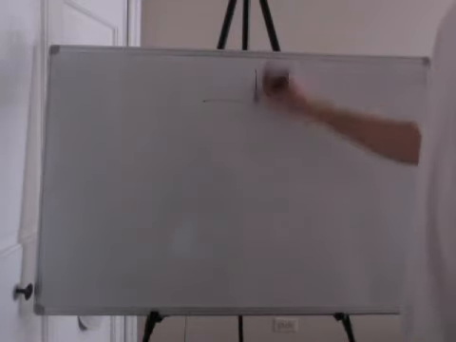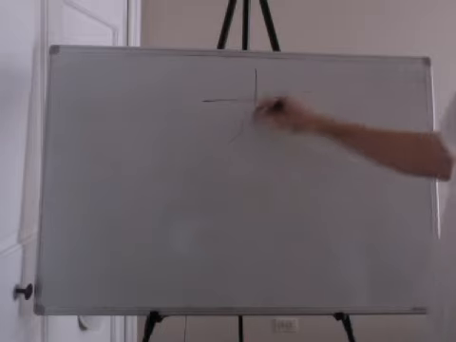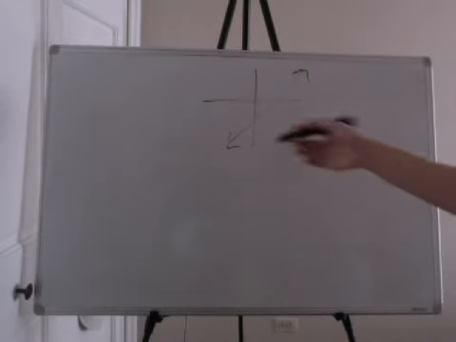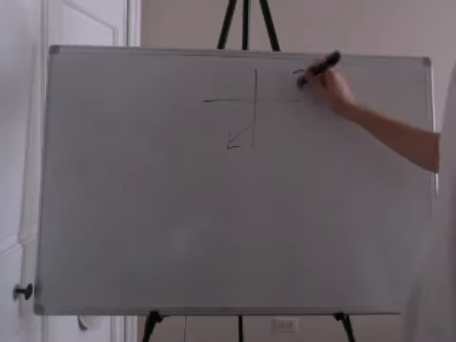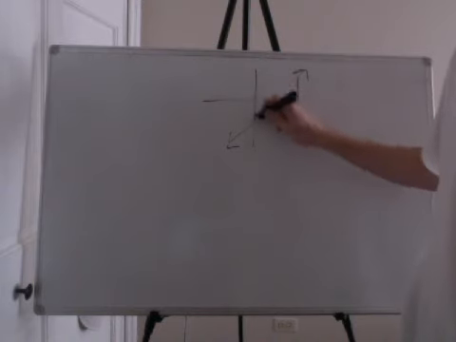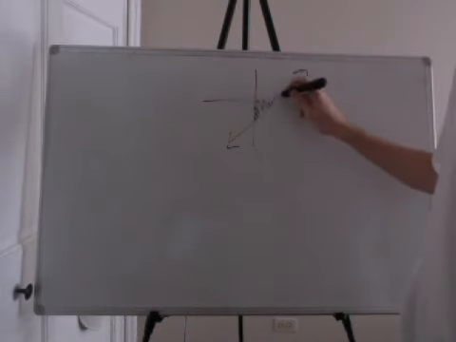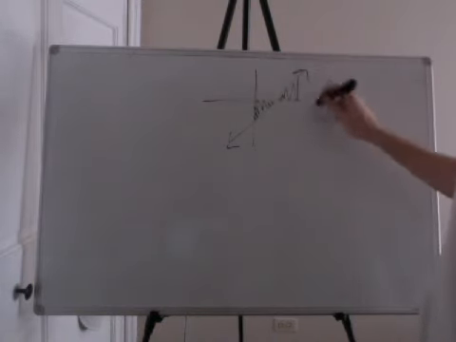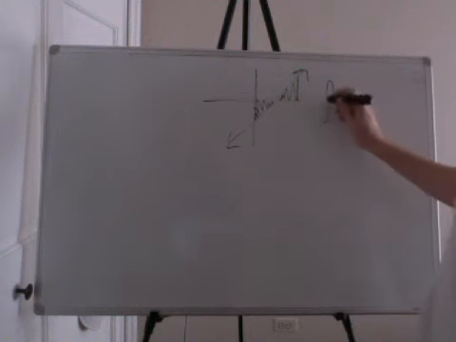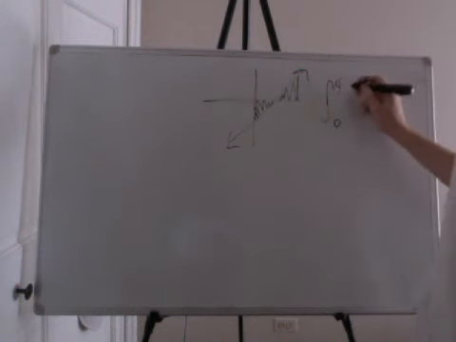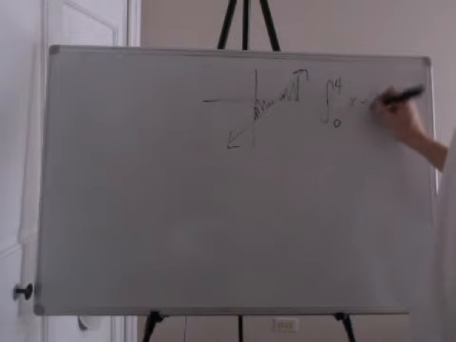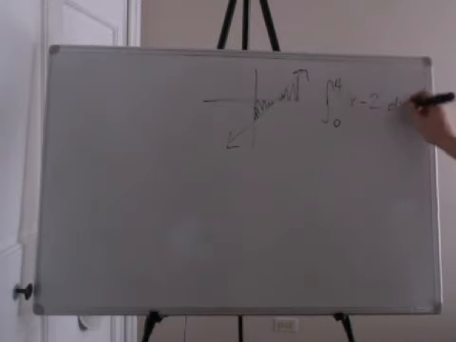Let me just draw that. Say this right here is y equals x minus 2, and it asks you to find the area from 0 to 4 of x minus 2 dx.